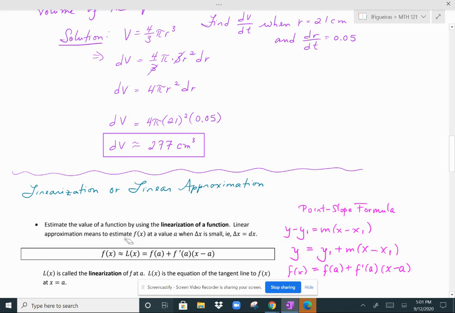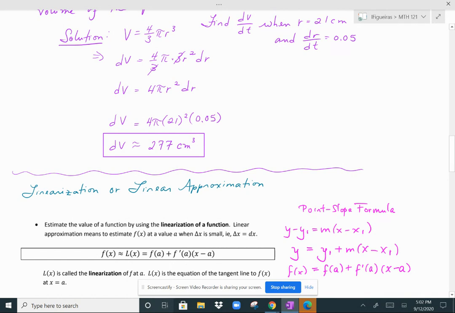And the linearization formula is L of x is equal to f of a plus f prime of a times x minus a. And this linearization formula gives me an approximate value to the actual function. So this will be a line, but this will be some other function.